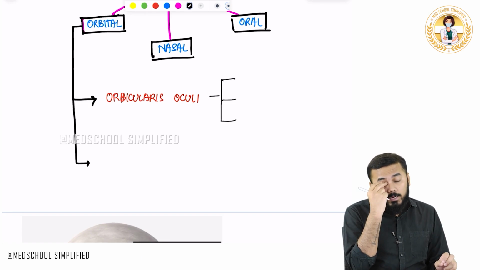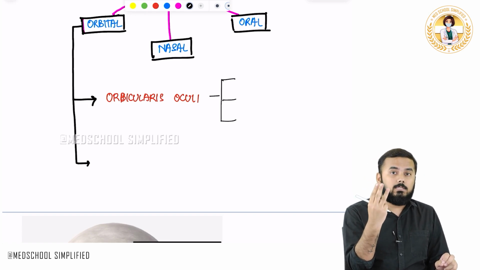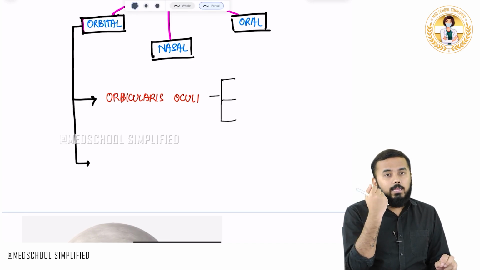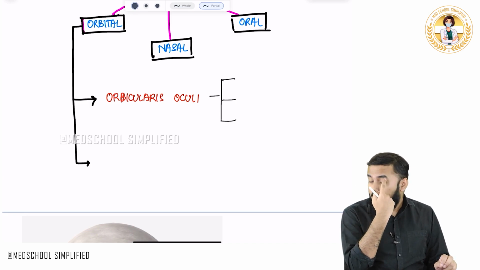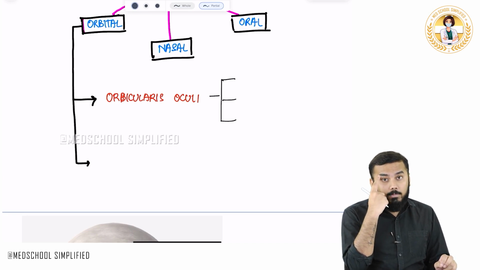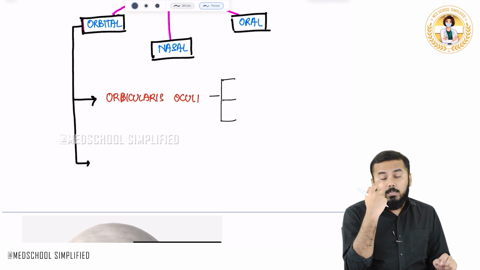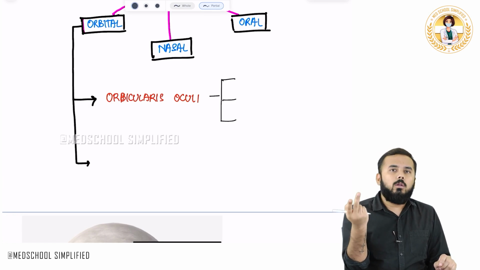I call it a group of muscles because orbicularis oculi itself has three parts. The part just above the upper eyelid and below the lower eyelid is called the palpebral part. The part located at the two corners, here and here, is called the lacrimal part. And the rest of the muscle is called the orbital part.